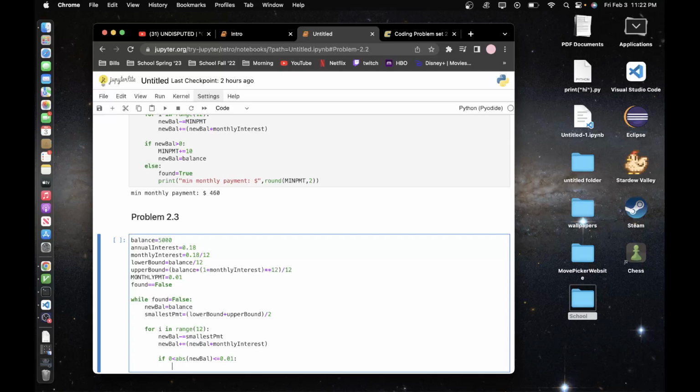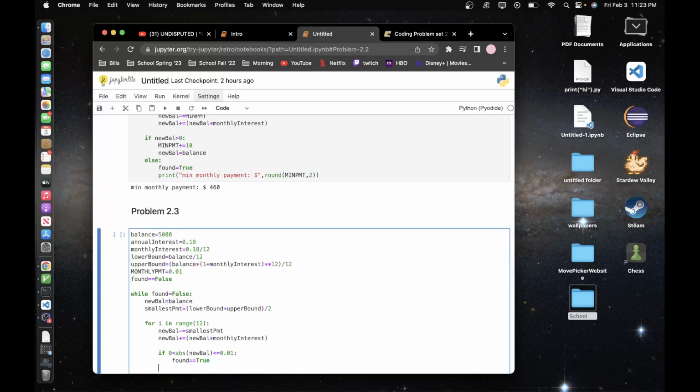Oh no, okay, I see. So if it's between this, if it's between 0 and 0.1, like if the absolute value of the new balance is between that, we found the minimum payment. So found equals true.